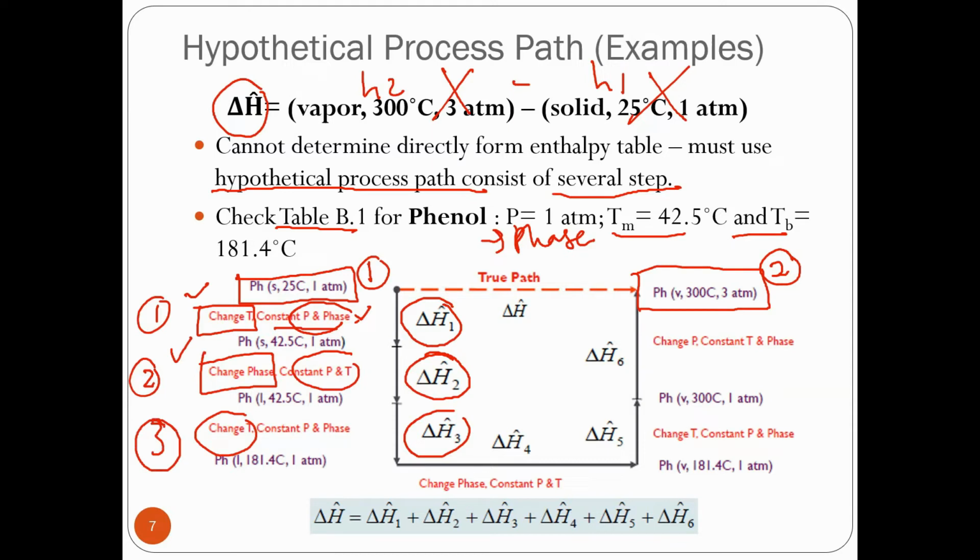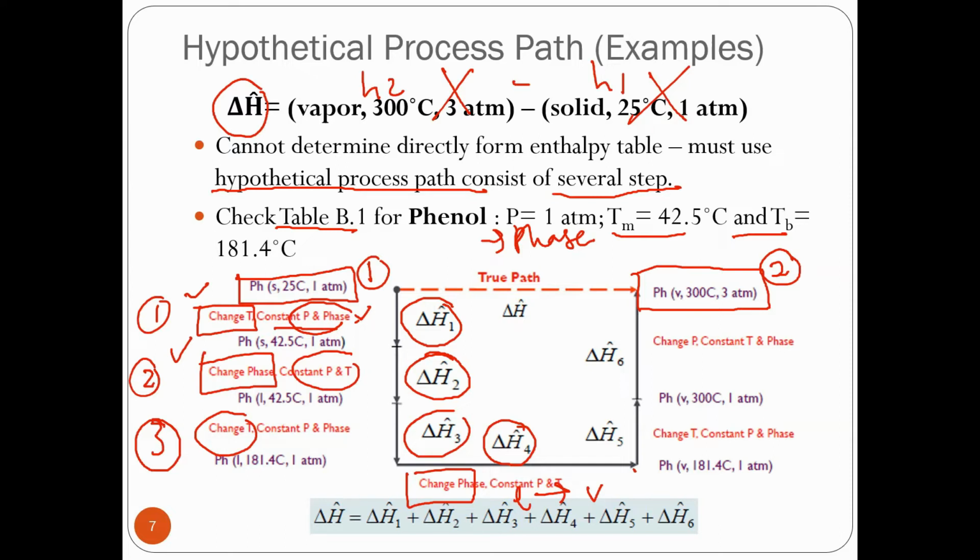So from point 3 to this point, you're going to have a change of enthalpy at step 4, where we're having a change of phase, because when you reach 181, it starts to vaporize, right? So there's going to be a phase change from liquid to vapor, at constant pressure and temperature.